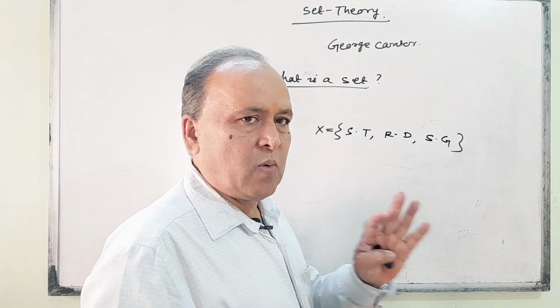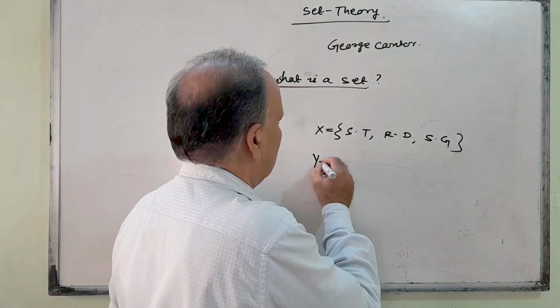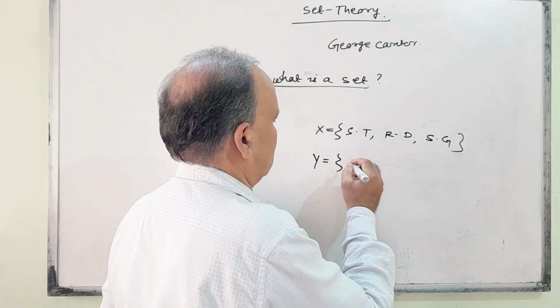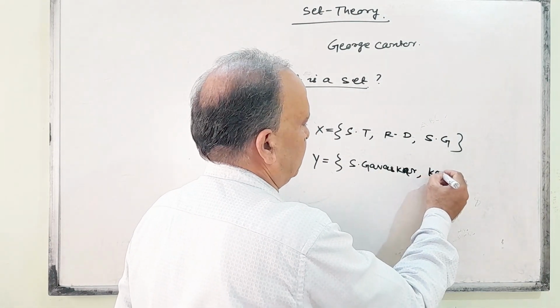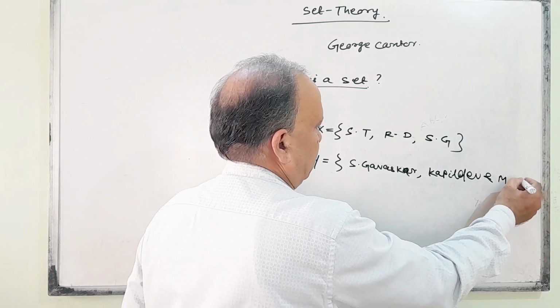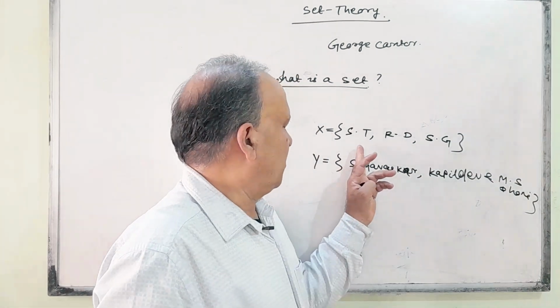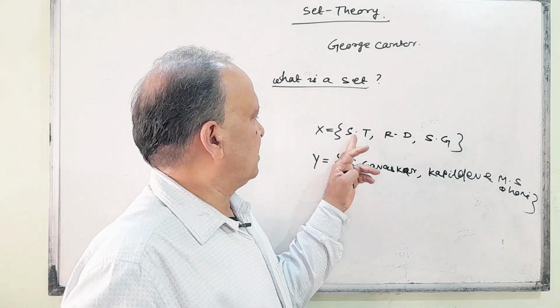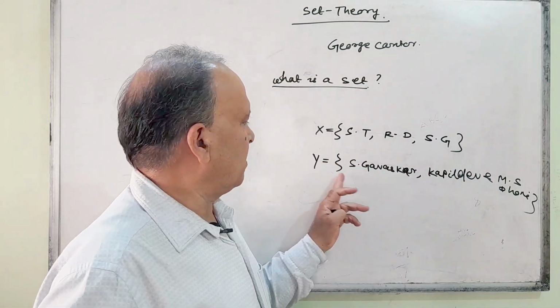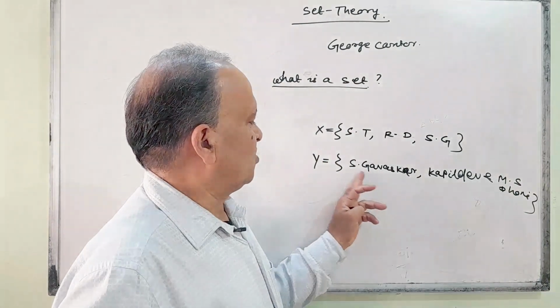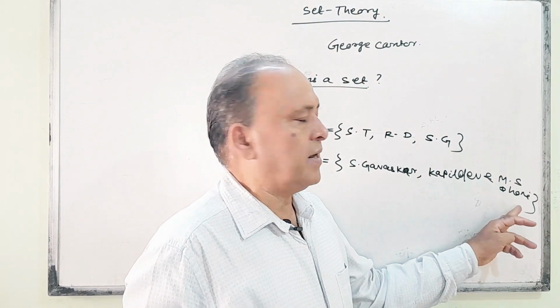If the same question is asked to Y, Y will say Sunil Gavaskar, Kapil Dev and MS Dhoni. For the first person, it is Sachin Tendulkar, Rahul Dravid and Sourav Ganguly, and for the second person, it is Sunil Gavaskar, Kapil Dev and MS Dhoni.